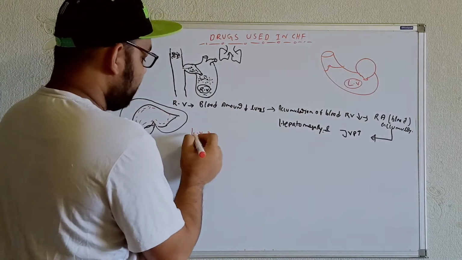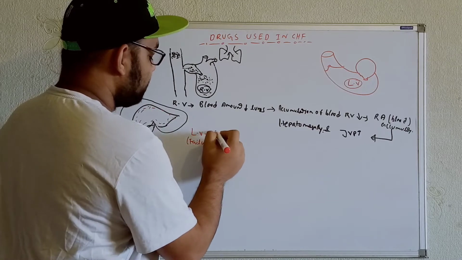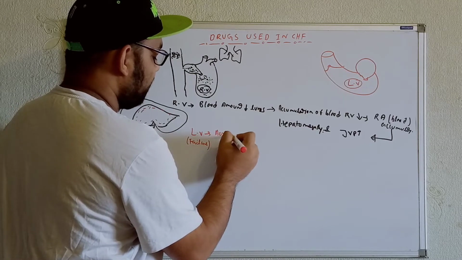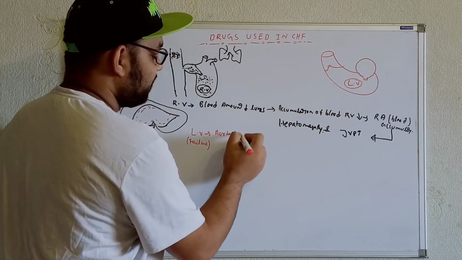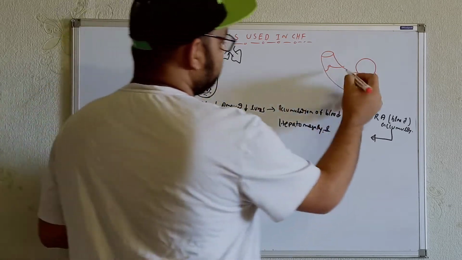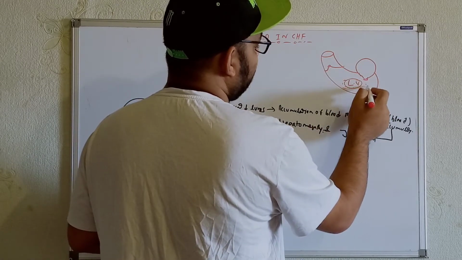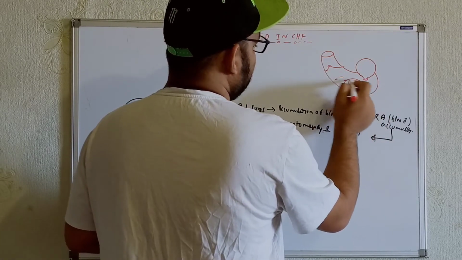Whenever we see left ventricular failure, as a result we will see that the amount of blood in the aorta will be less. Since the blood in the aorta is less, the ventricle is not able to pump the blood. As a result we will see the accumulation of the blood within the left ventricle first.